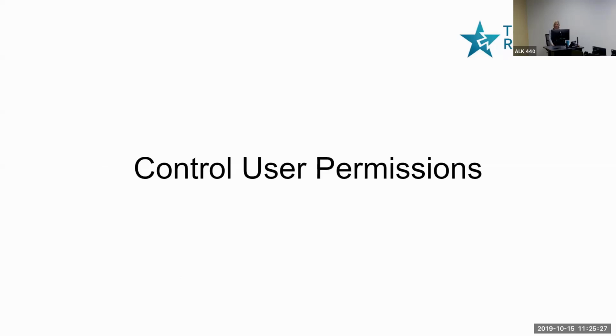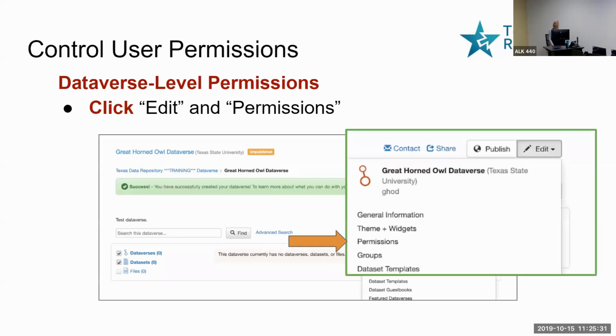So now moving along, we're going to look at controlling user permissions. So as you can see back on the Great Horned Owl Dataverse here, there's a button there to edit. From there, you'll click permissions in the drop-down list.